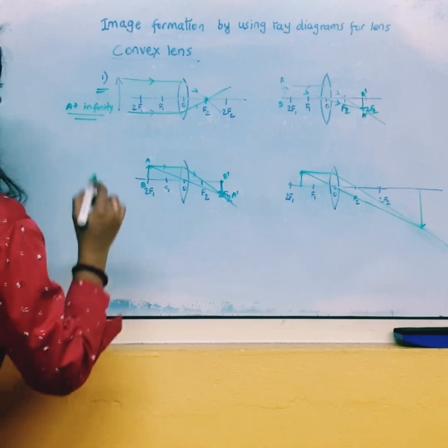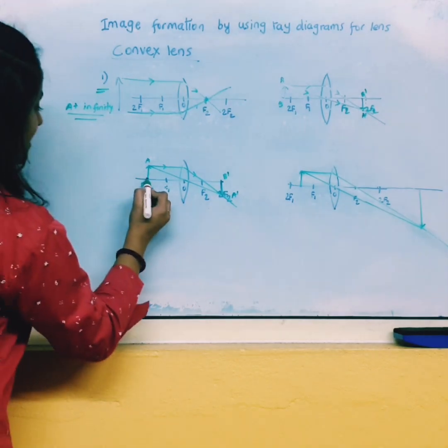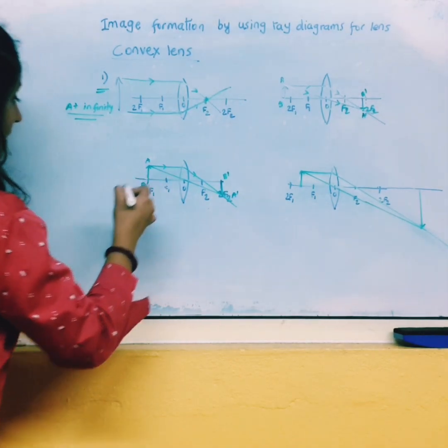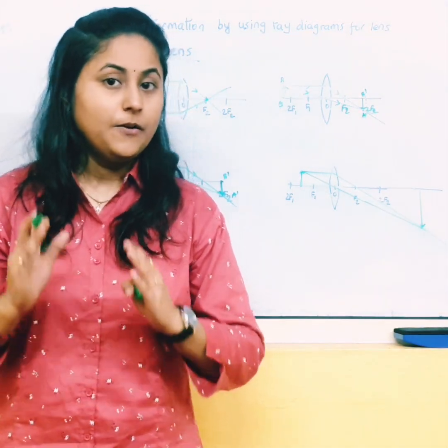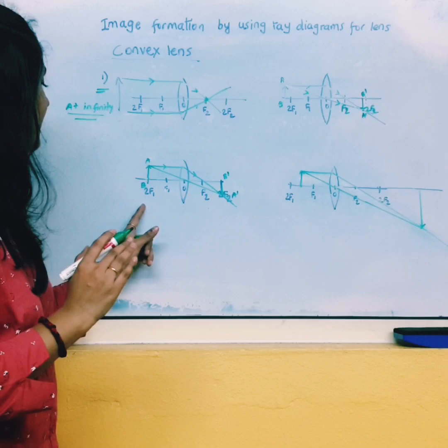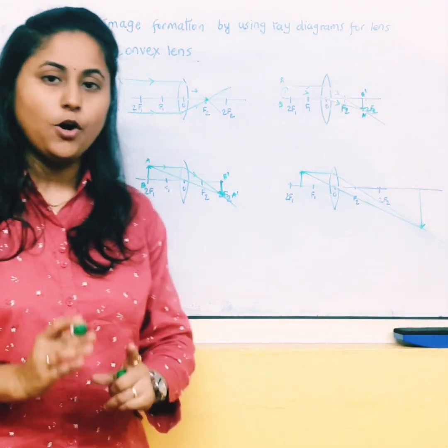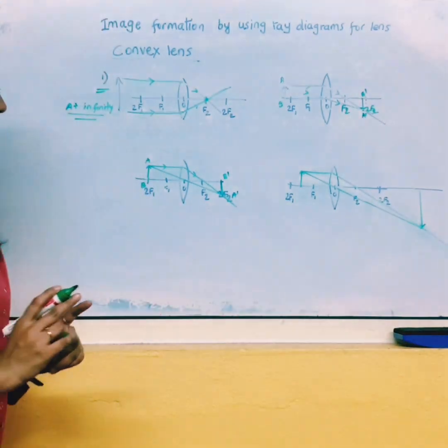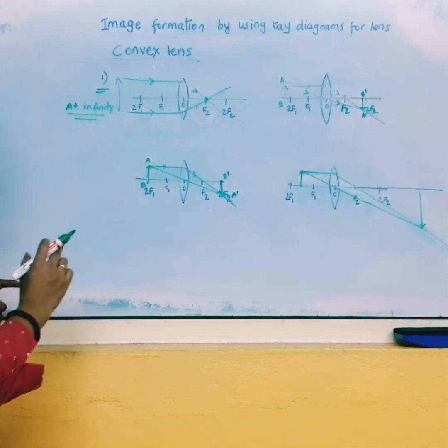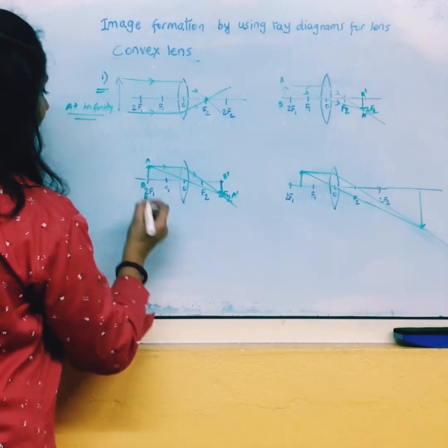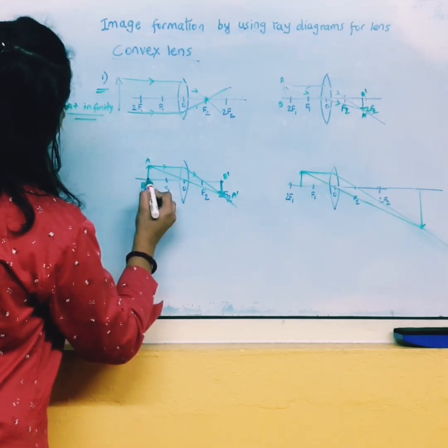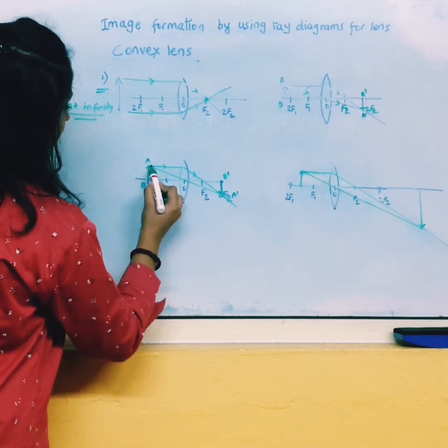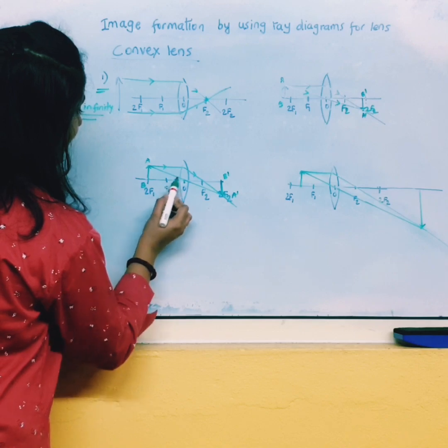Next is when the object is located at 2f1. If you remember, in case of a concave mirror, when you kept the object at C, the image was formed at C itself, and the size of the image was the same as that of the object. Here also the same thing is happening. The object is kept at 2f1. The first ray comes parallel to the principal axis.